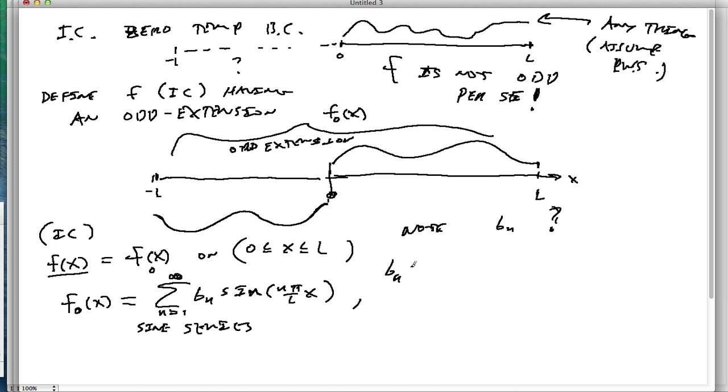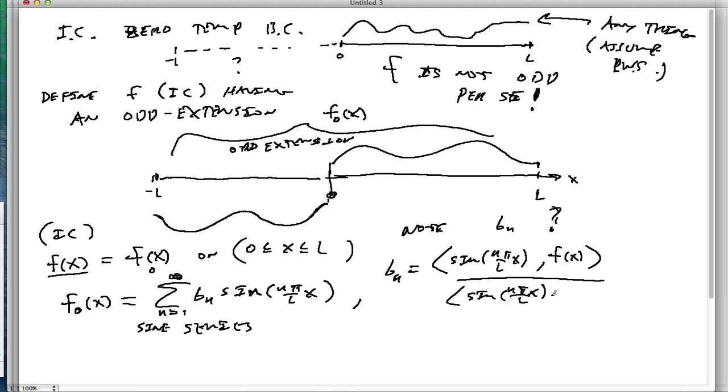And it's certainly true that bn is going to be the inner product of sine n pi over L x with f of x, all over the inner product of sine n pi x over L with itself.